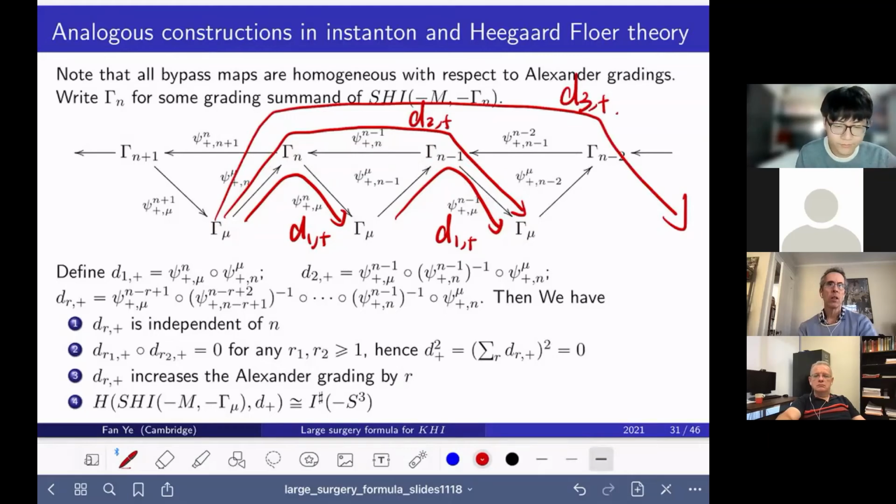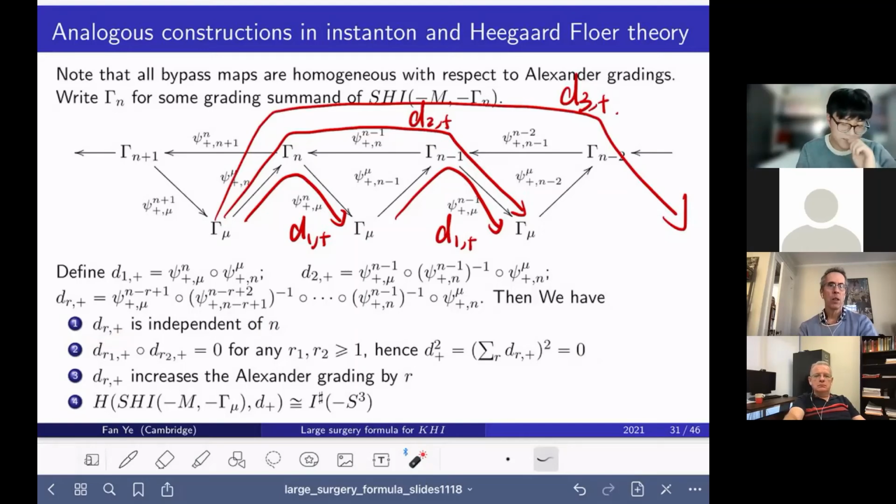And we can prove the following properties. The first thing is these Dr plus differentials are independent of the choice of n. And secondly, if we sum all differentials together to get a differential D plus, then the square of D plus equals 0, which means it is a real differential.